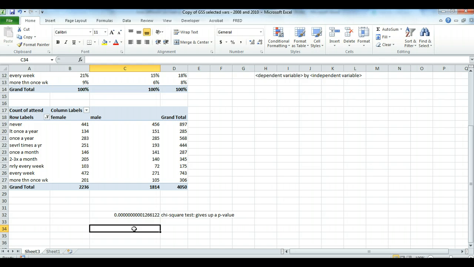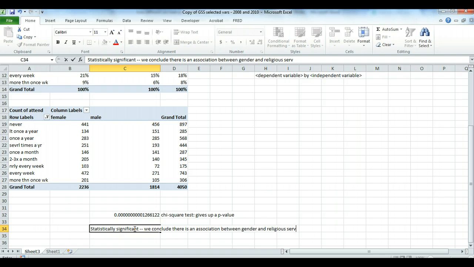Statistically significant means that the relationship is large enough, there's a big enough difference, say, between men and women here, that it's unlikely we would have observed this kind of result if there was absolutely no difference in the population. It gets a little convoluted, but essentially statistically significant means that we conclude there is an association between the two variables, in this case gender and religious service attendance.